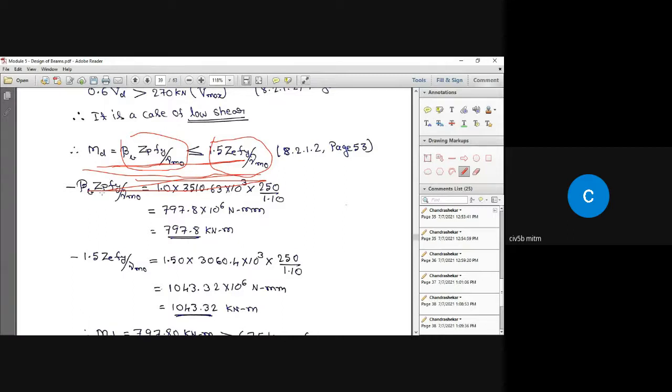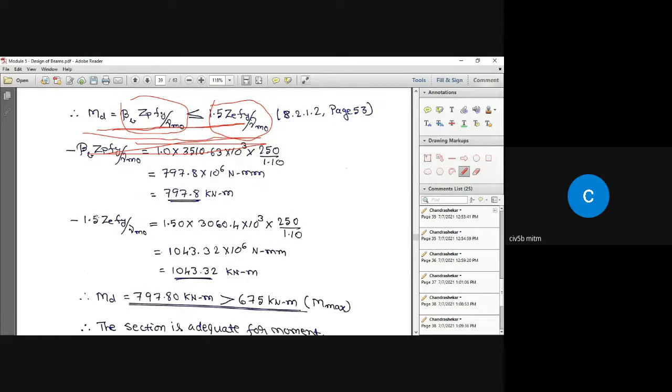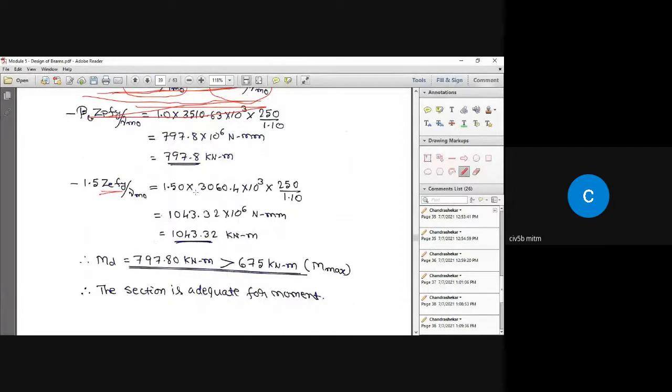Zp is the plastic section modulus. Then the Ze value is the elastic section modulus, which you get from the steel table under Z. So once we have these two values, beta b Zp Fy divided by gamma m0 is less than 1.5 Ze Fy divided by gamma m0, so use that value.